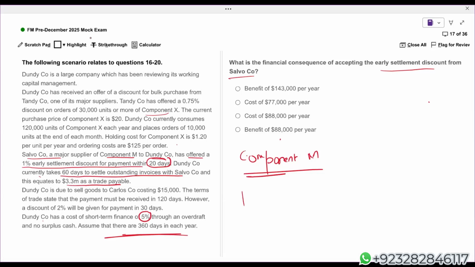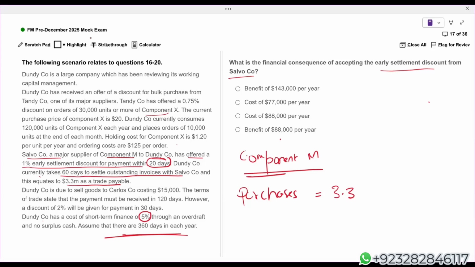Let me calculate total purchases. Trade payable is 3.3 million. Students, now listen carefully. 3.3 million means I am making payment in 60 days.